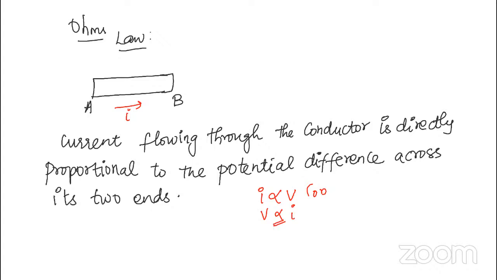So V is equal to I into R. Here R is a proportionality constant, and we call it electric resistance.